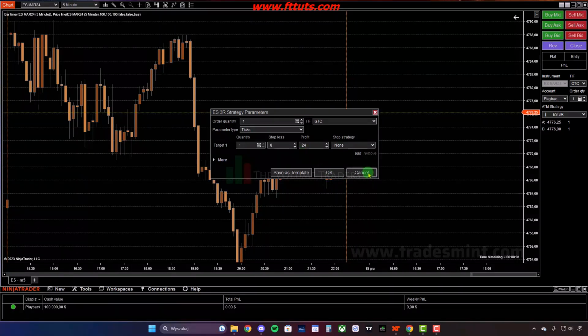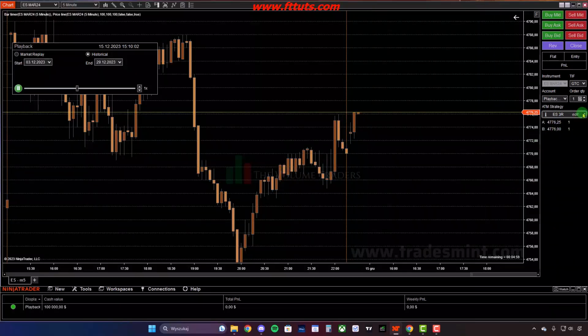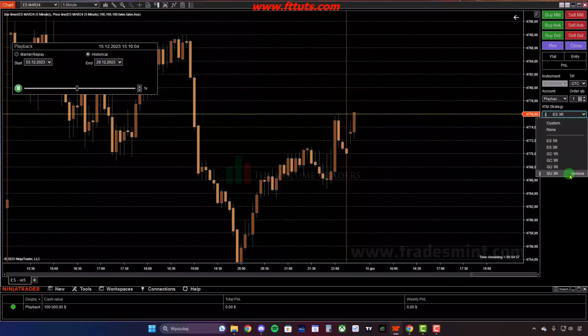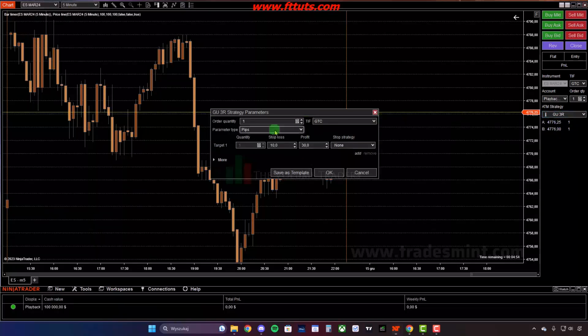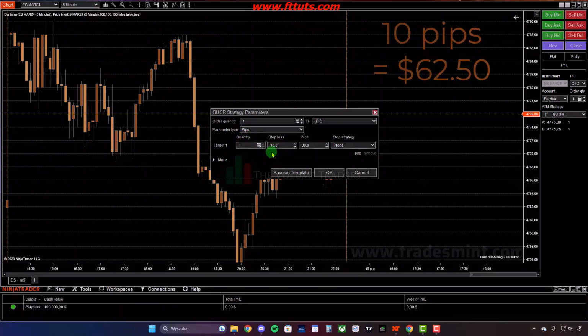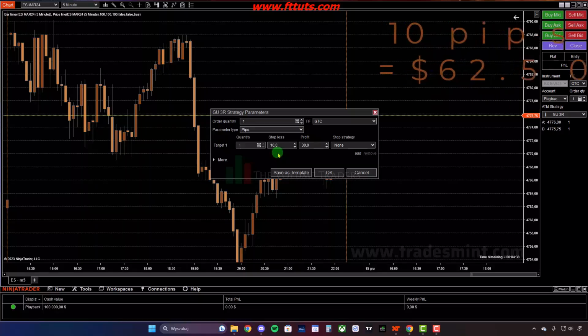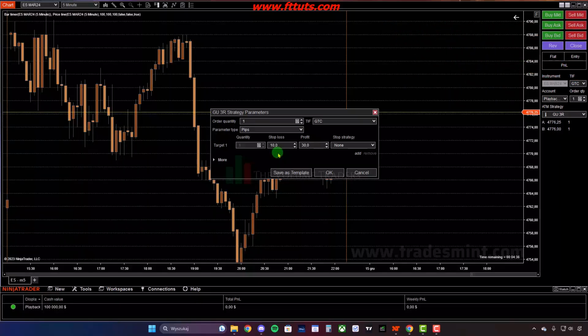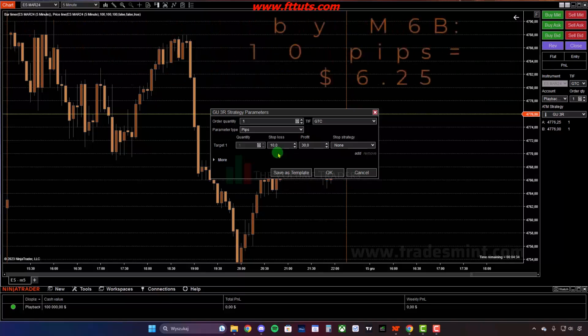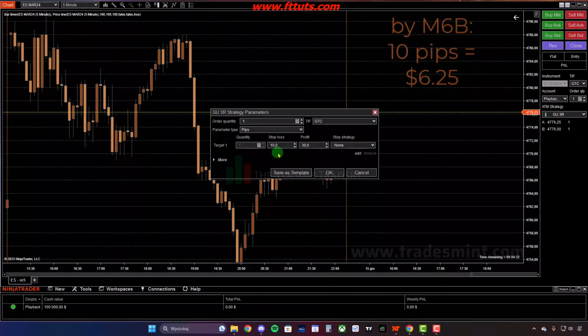Another thing is how it looks for GU. For GU, I have set this parameter type not as ticks but pips, and for GU, 10 pips is worth $62.50. So for micro GU, micro 6B, it will be $6.25 every 10 pips.